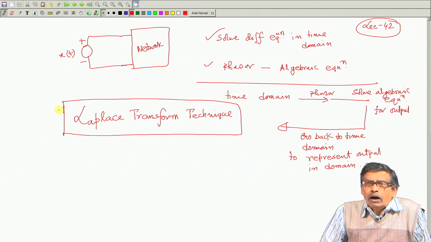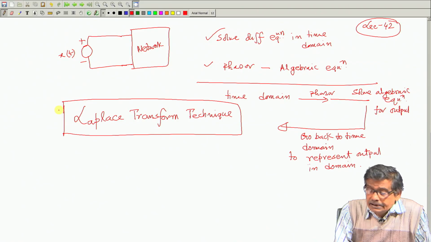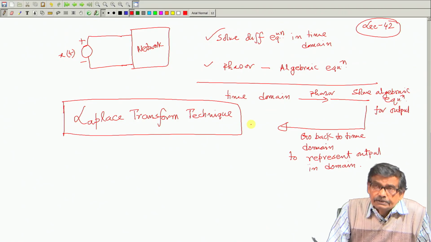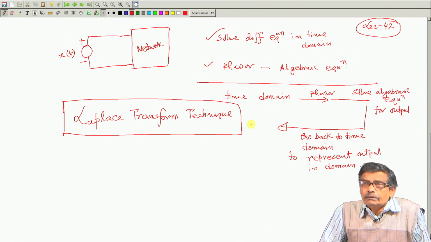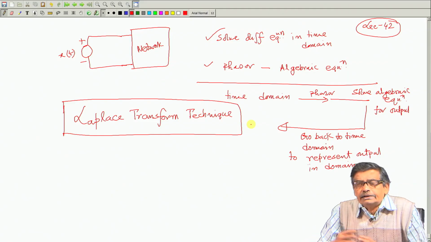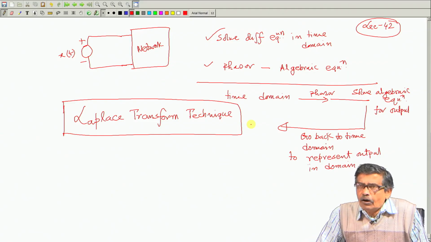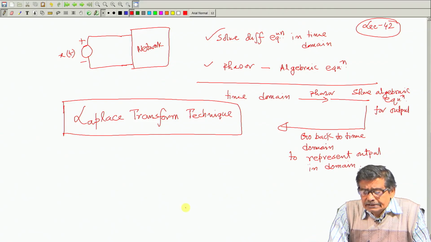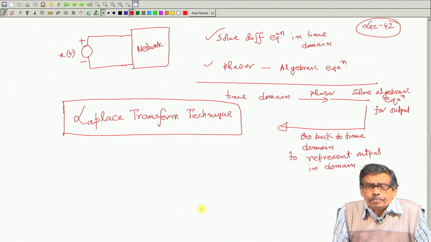And there also the initial conditions can be comprehensively taken into account, and whatever solution you get, in contrast with the phasor approach, both the transient part as well as the steady state part of the solution will be obtained. So, this is the thing.